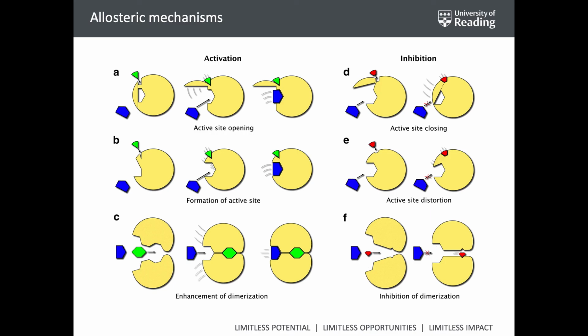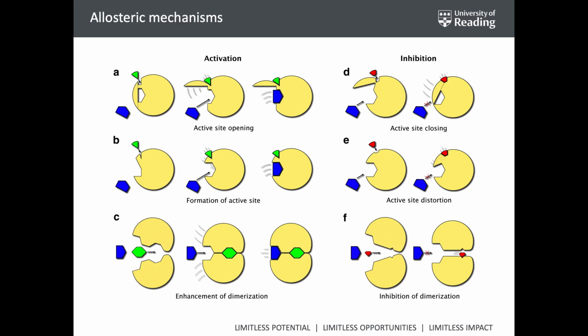For example, if an enzyme requires multiple individual proteins to interact to form an enzymatic complex, you can use an allosteric modulator to prevent dimerization or trimerization or tetramerization and prevent the formation of that enzymatic complex, preventing the enzyme developing an active site that can be used.